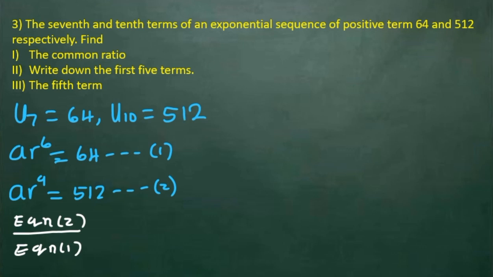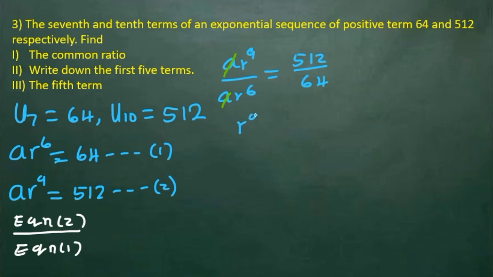We are going to have a r to the exponent of 9 divided by a r to the exponent of 6, and this is the same thing as saying 512 divided by 64. Now when we compute this, we know that a is gone.